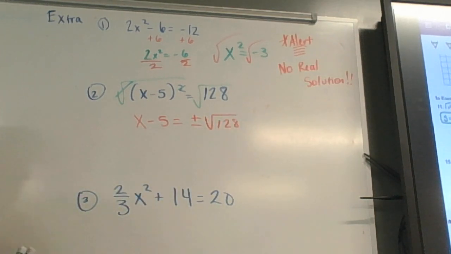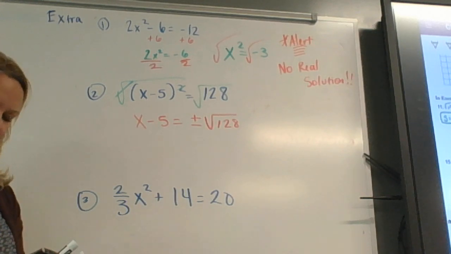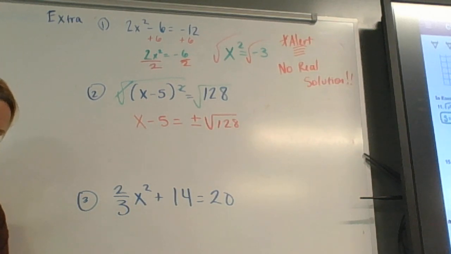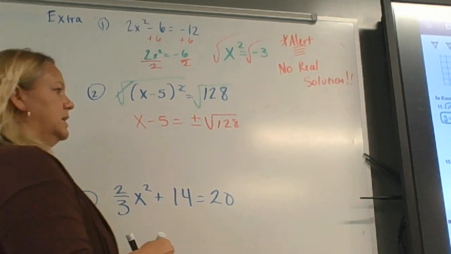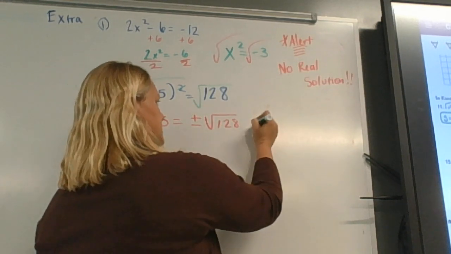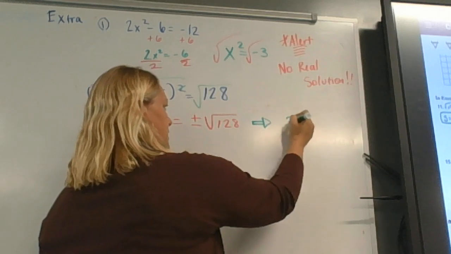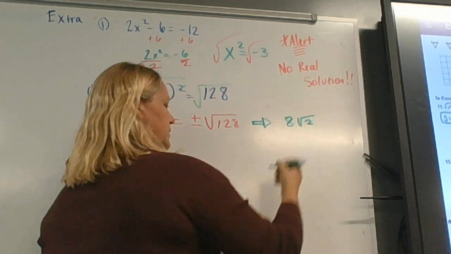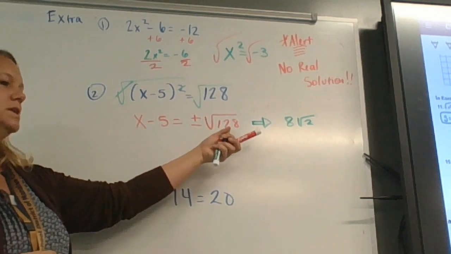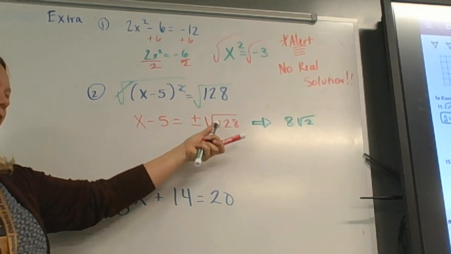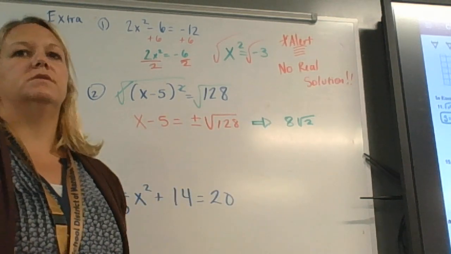I'm curious about this number 128. Sophie, did you try to square root 128 in your calculator? What did it give you? 8 square root 2. What? How did it do it? It's not a decimal. It shows up as 8 square root 2. So there must be something that 128 divides by that will result in an 8.